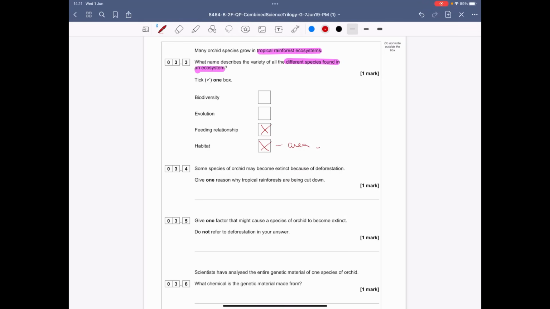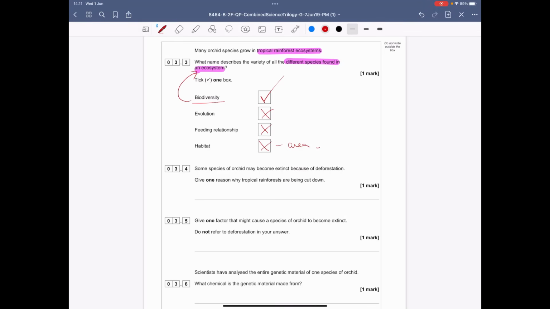Evolution is about how animals change over time, so it's not that. And it is biodiversity. Biodiversity is the amount of species living in a specific area. So a rainforest would have high levels of biodiversity because there's loads of different animals living in it. A school field would have very low biodiversity because it's just grass.